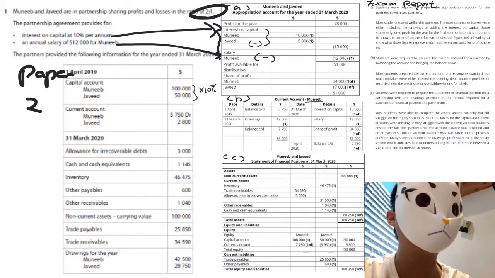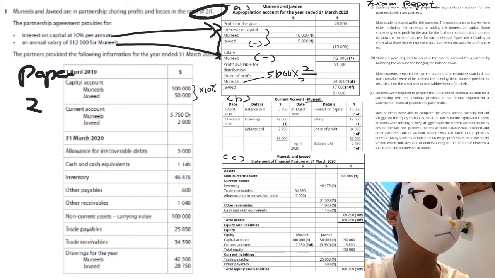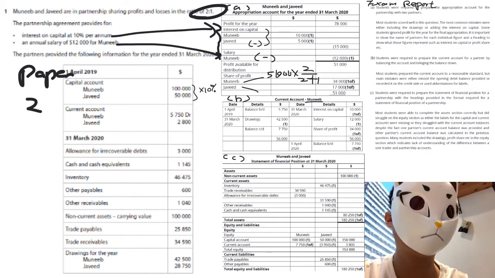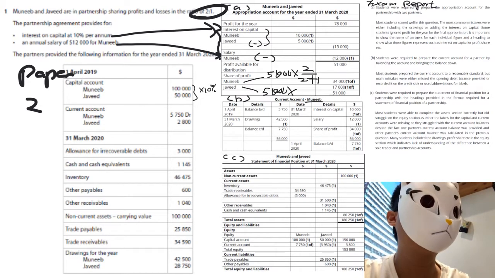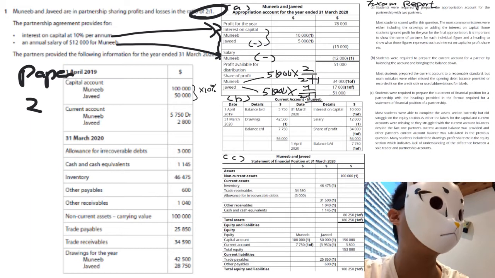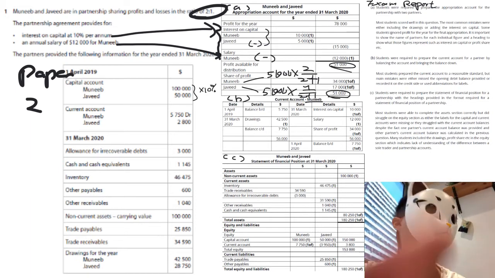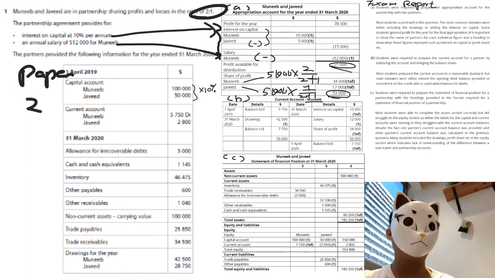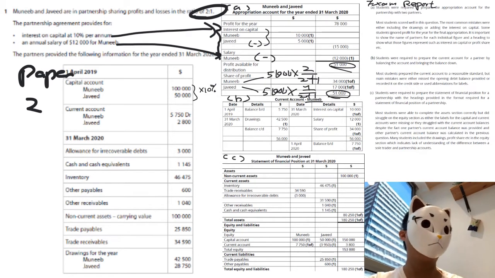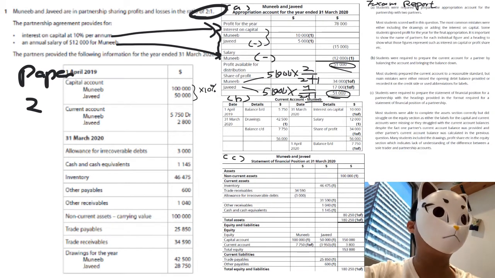So for this one, it's 51000 times 2 over 2 plus 1. The other one is 51000 times 1 over 2 plus 1. You can see it would be balanced, both the figures will be the same. So this is for part A.